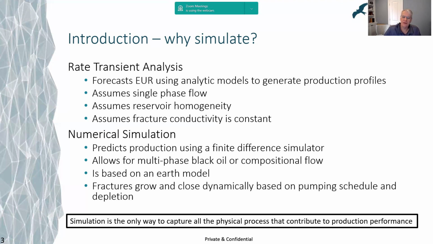Finally, RTA generally assumes that the conductivity of the fracture is a constant, whereas 6X has a dynamic process by which the fractures grow and propagate and then close up when the pressure drops. So the simulation method is the only way to capture all of the physical processes that contribute to the production performance. So that's what we're going to look at now, is that 6X simulator.